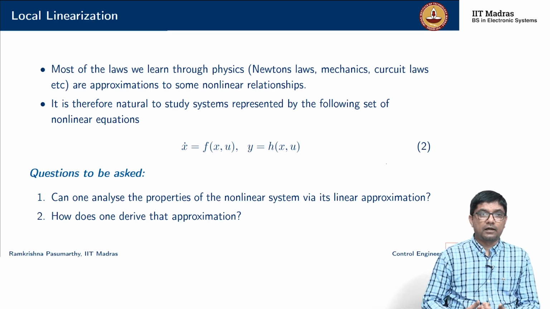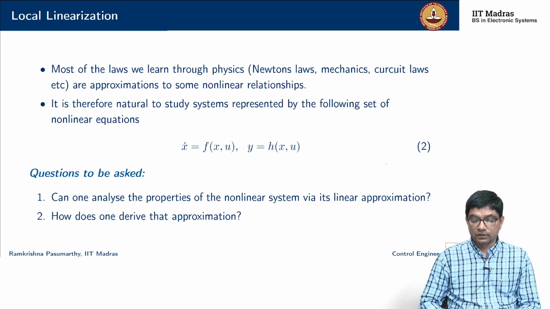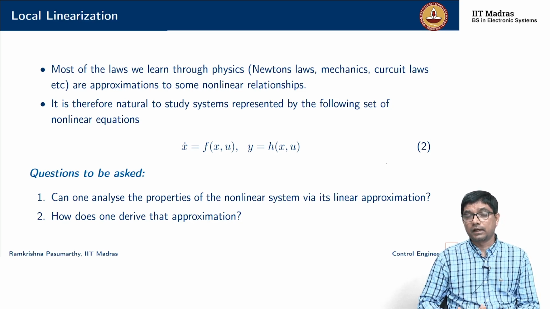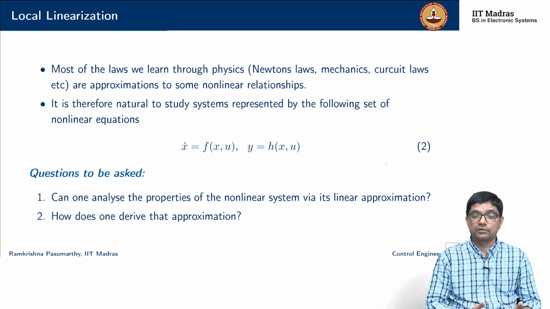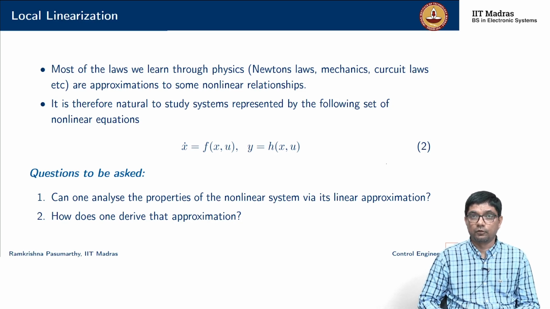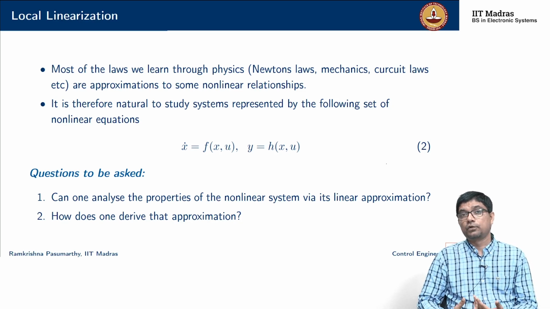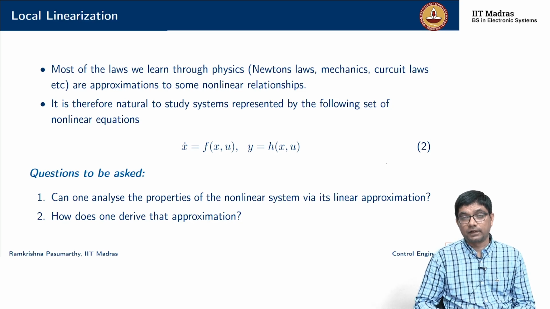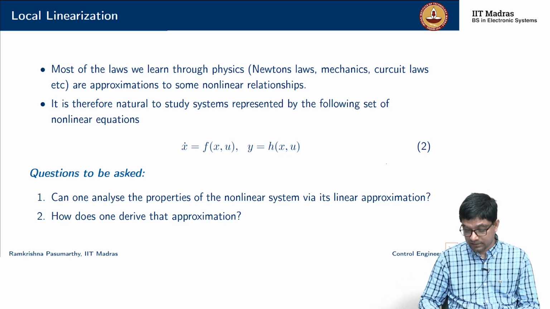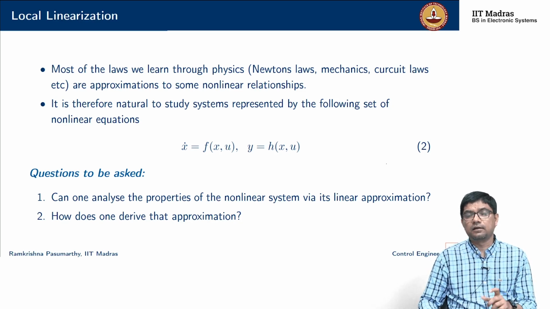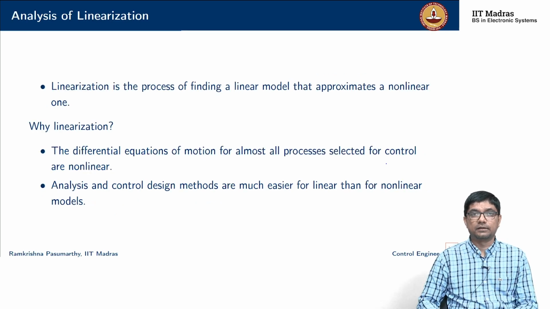The question that can be asked is, can one analyze the properties of nonlinear systems via their linear approximation, and how to derive those approximations, because it may not always be possible to find a coordinate transformation. Even if it is possible, what that coordinate transformation is may not be very obvious. Is it possible to kill the nonlinearities by feedback? Well, in some cases yes, in many other cases it may not be. Are there any other easier methods?